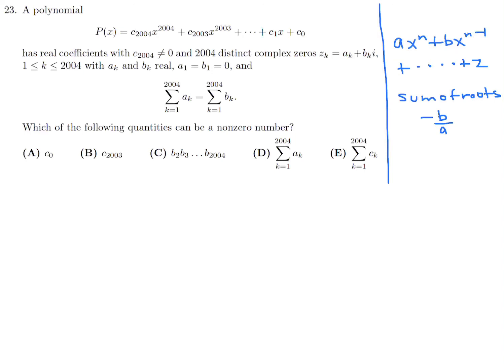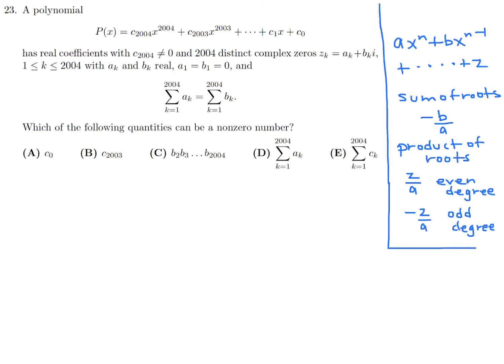And then the product of the roots can also be calculated with a quick formula, and that is z over a, where this is z and that's a. And this is true for even degree polynomials. And if it's an odd degree polynomial, then you just have to add a negative and make it z over a with a minus. Okay, so that's just a quick primer.